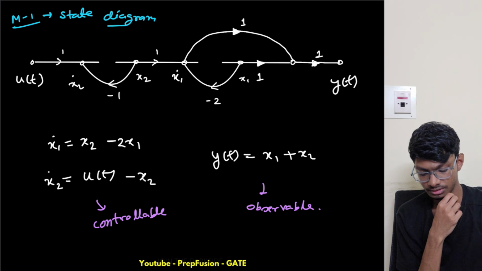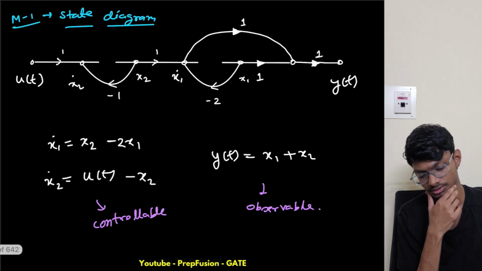Now let's do it using Kalman's test, right? So using Kalman's test, I have to write the state space representation first.